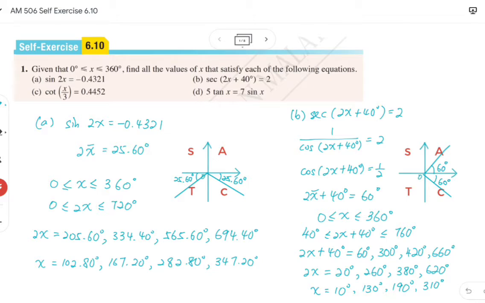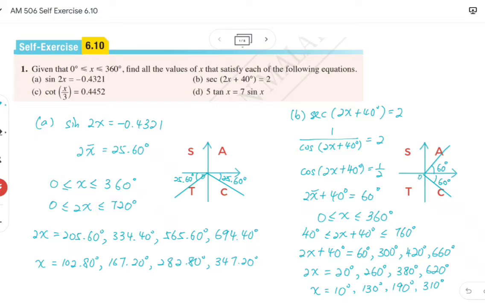Because of the angles of 2x, we need to get the domain for 2x. From the domain of x from 0 to 360 degrees, 2 times x will be 2 times 0 to 2 times 360 degrees, which is 720.